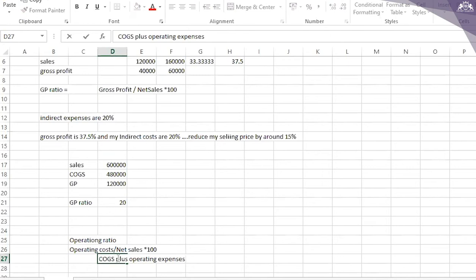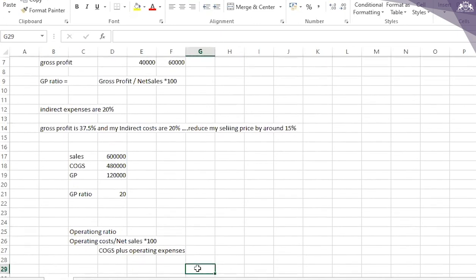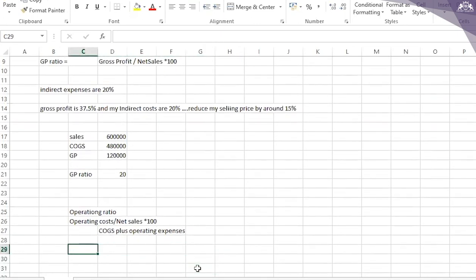Now, to give you an example, here, cost of goods sold is 6 lakhs. That means these are the direct costs. Then operating expenses are, let's say, 40,000.